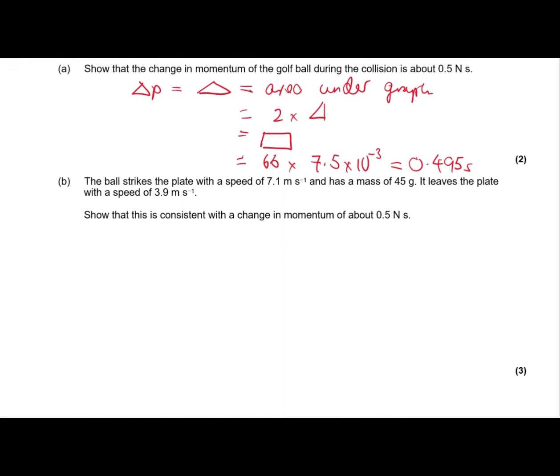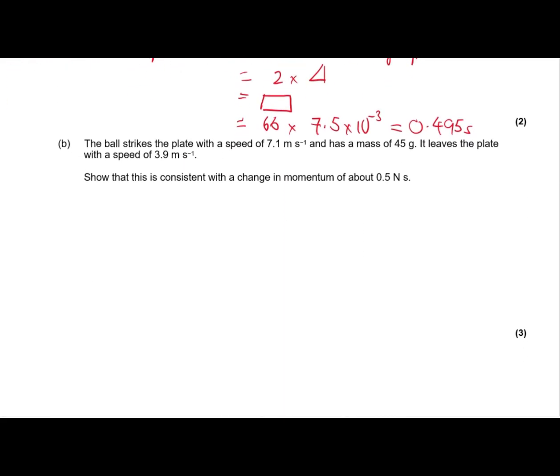Right, so it's Newton seconds, sorry. So the ball strikes the plate with a speed of 7.1 meters per second, and then it bounces back up with a speed of 3.9.